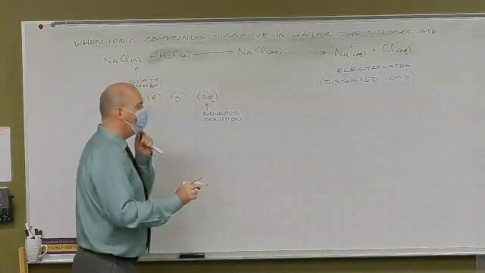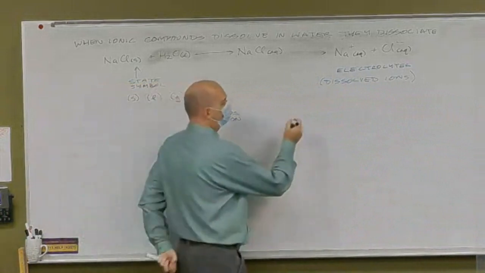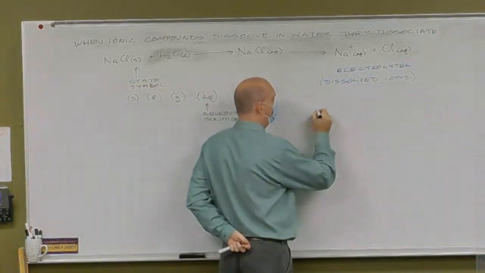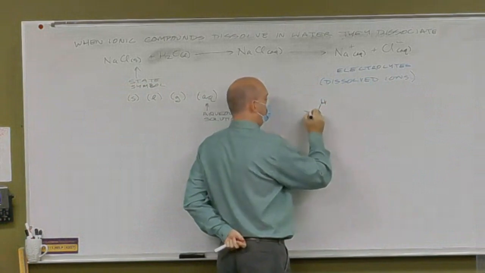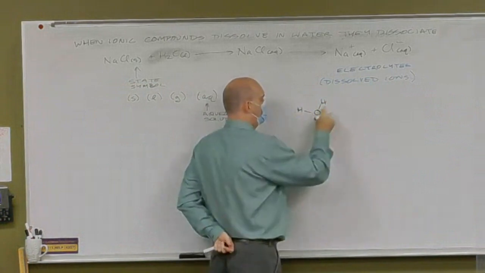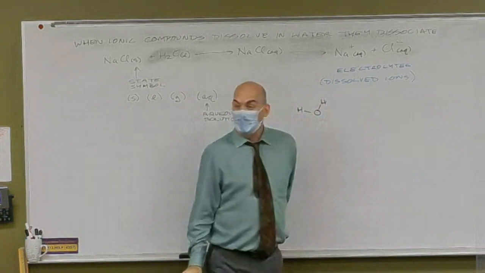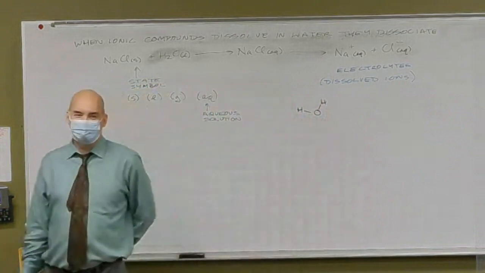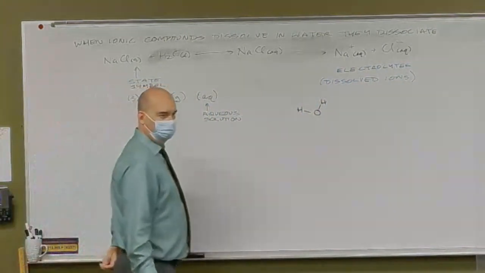This is a little bit of a stretch because we haven't seen this yet. We haven't learned the science underneath this yet. But water is an oxygen and two hydrogens, and it's L-shaped.